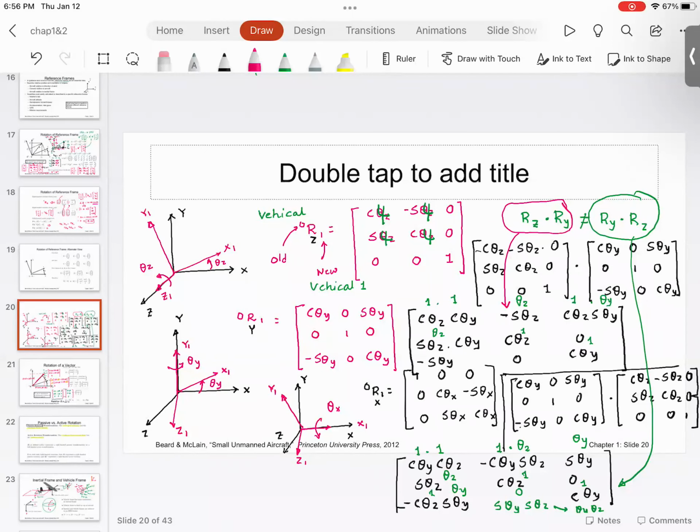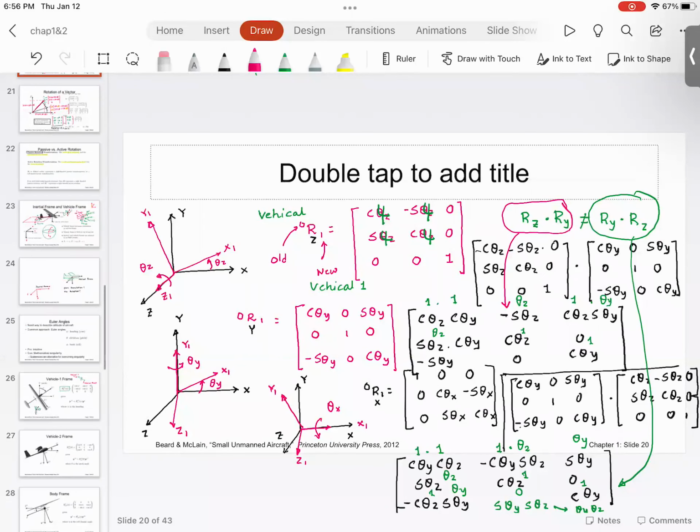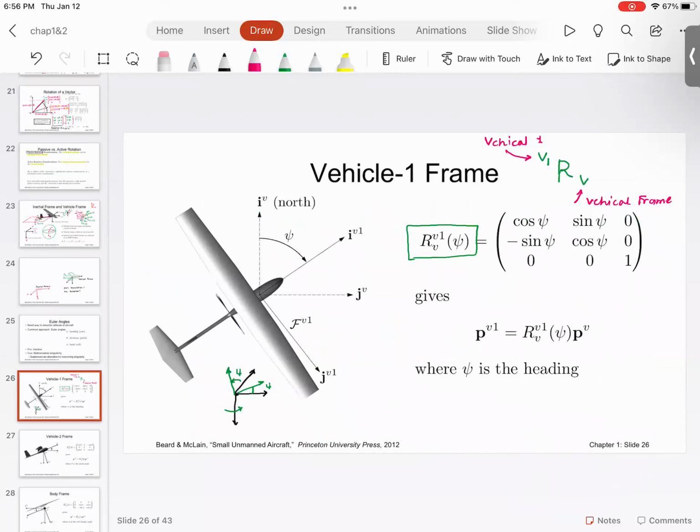But for some reason, if you read the book, they represent the exact same transformation, something like this is the old transformation and this is the new transformation. So what he's showing is just the transpose of what we have derived. Everyone understood this?